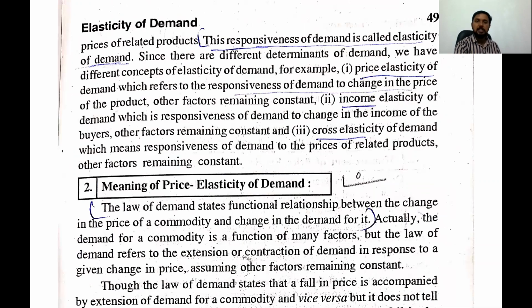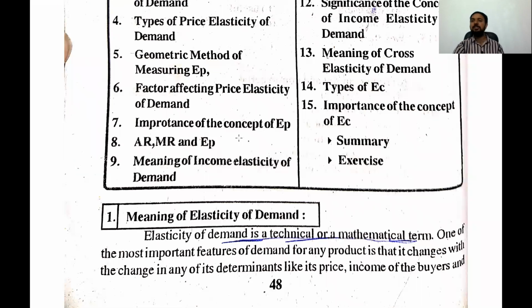Our first point is meaning of elasticity of demand. So guys, I will clearly tell you what is elasticity of demand. We can take an example: if the price of a product is raised by 5%, then what change will occur in the demand of the product?